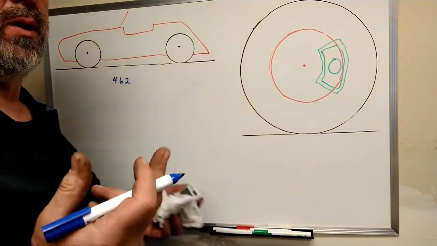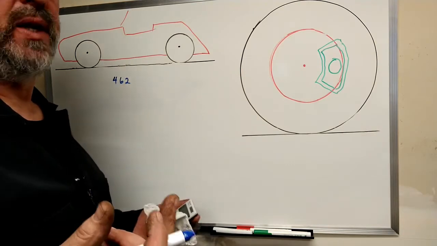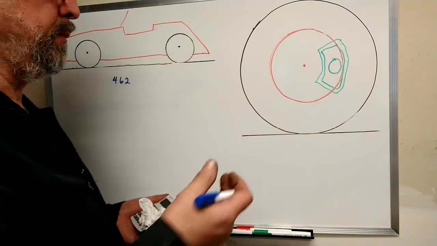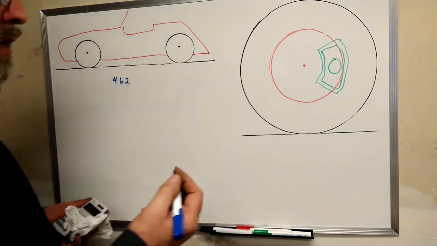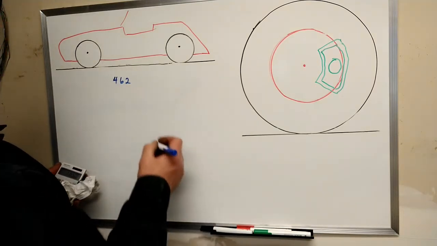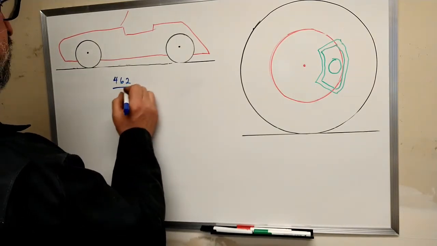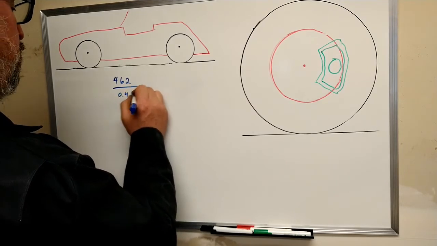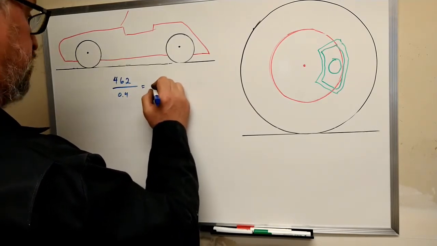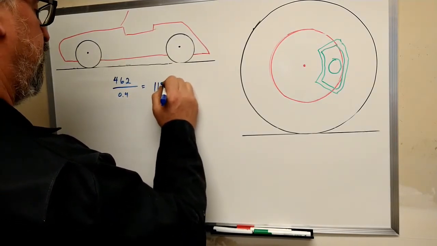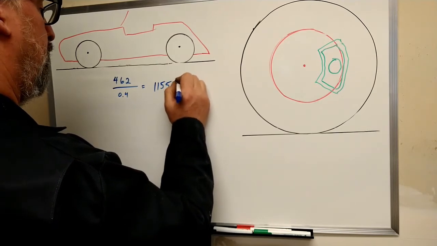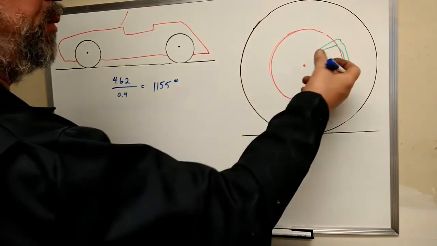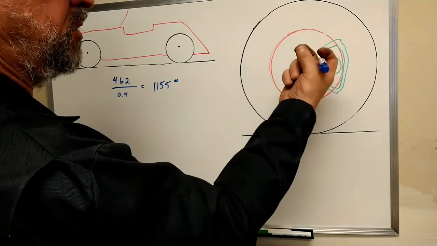You can get higher or lower depending on if you get racing pads. They'll be higher, but 0.4 is a pretty good number for an average pad. So 462 divided by 0.4 equals 1,155 pounds of pressure pushing the pad onto the rotor.